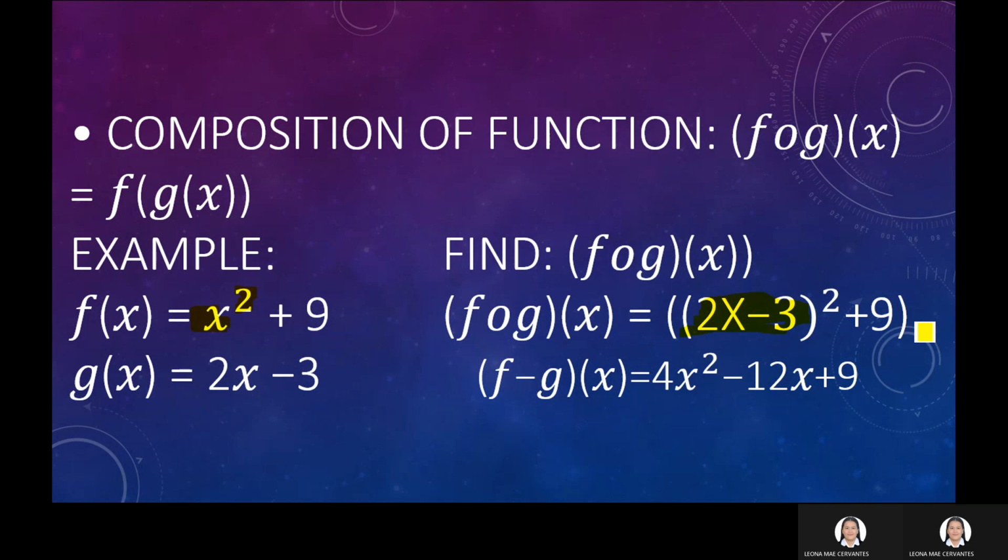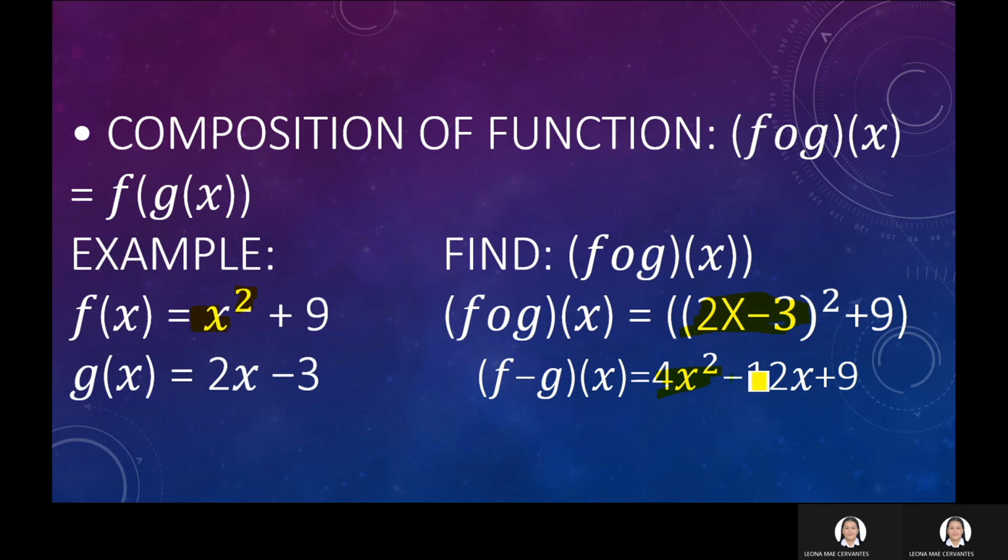So 2x times 2x is equal to 4x squared. Then 2x times negative 3 is equal to negative 6x. And negative 3 times 2x is equal to negative 6x. Negative 6x and negative 6x is equal to negative 12x.